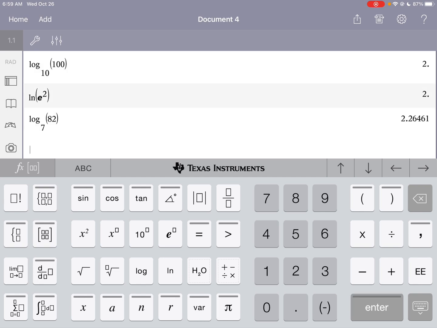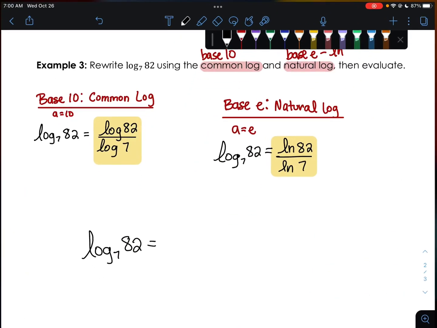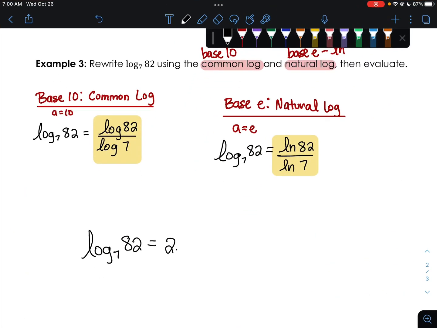I get 2.26, and then that last 6 is going to make that 4 become a 5. So 2.265. Let's write that down. 2.265 is what we get when we evaluate.